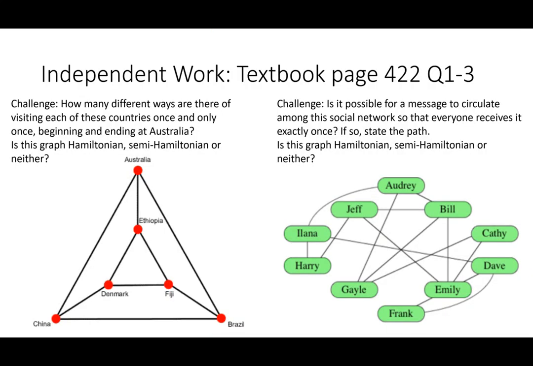Okay. So, challenge. How many different ways are there of visiting each of these countries once and once only, beginning and ending at Australia? So if we start at Australia, how can we make a Hamiltonian path through that, essentially? How many different ways do you reckon there are? One. It's more than one, I think. Three, four.